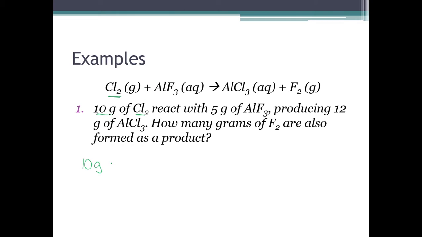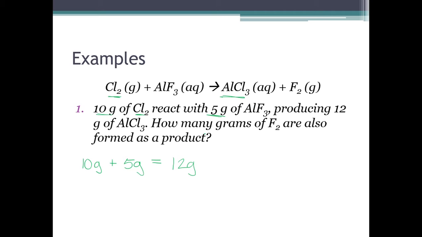So we have our plus sign from our equation, but instead of writing AlF3, we'll write our 5 grams. Producing, this arrow, remember, means to produce, or it can be an equal sign, 12 grams of aluminum chloride. So this right here, we're going to have 12 grams of it.